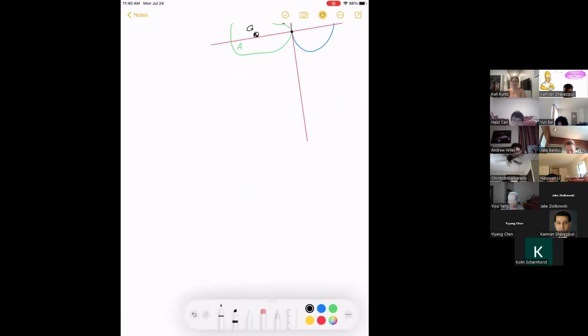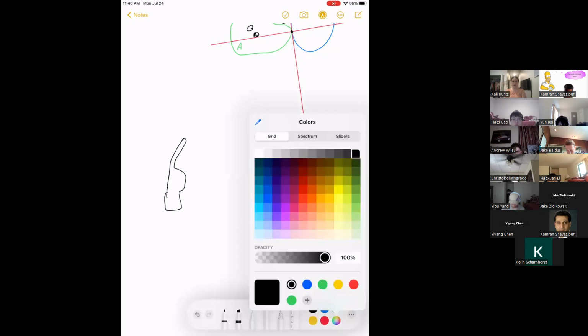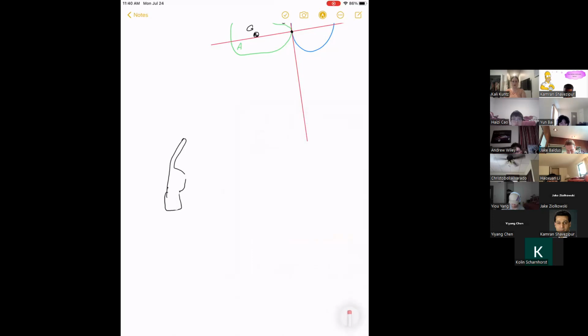Let's say this is a hammer, right? You have something like this, and it comes with the handle.